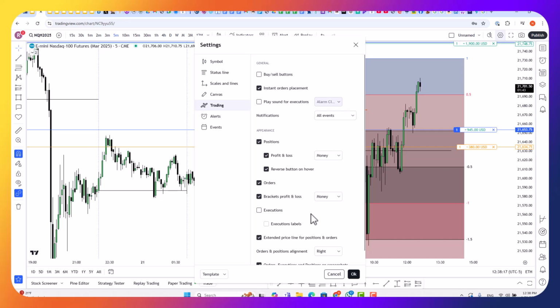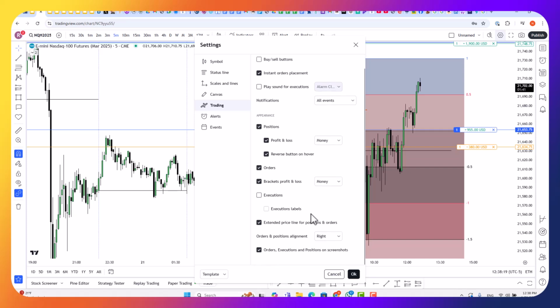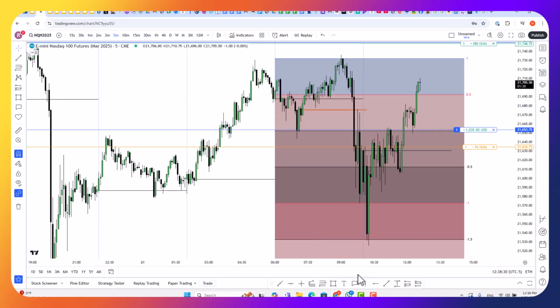Executions, text. So I wanted to show me in text.